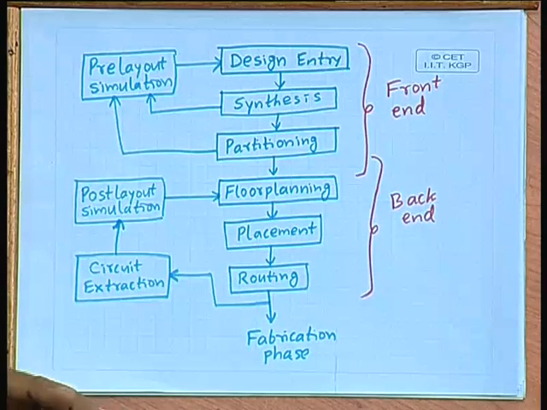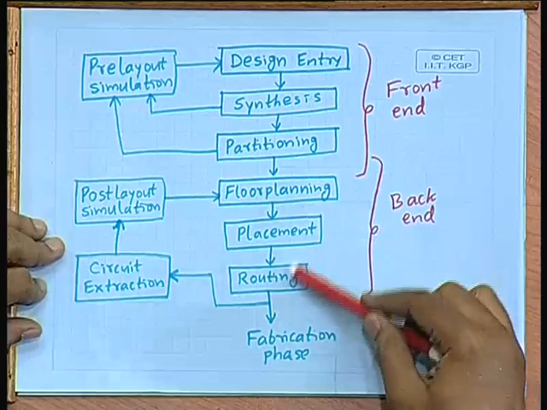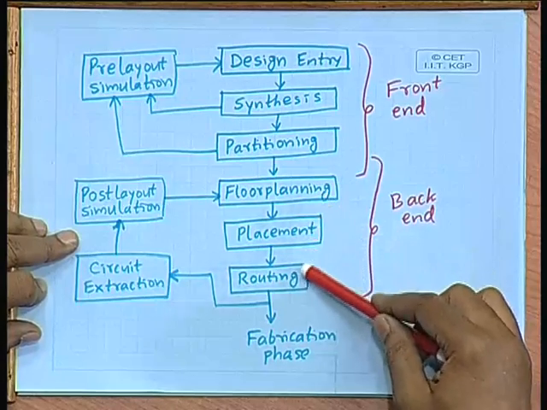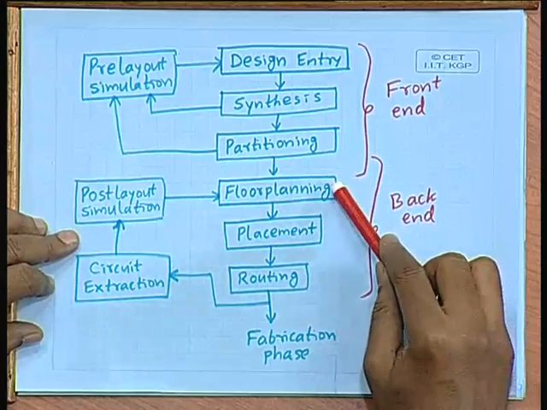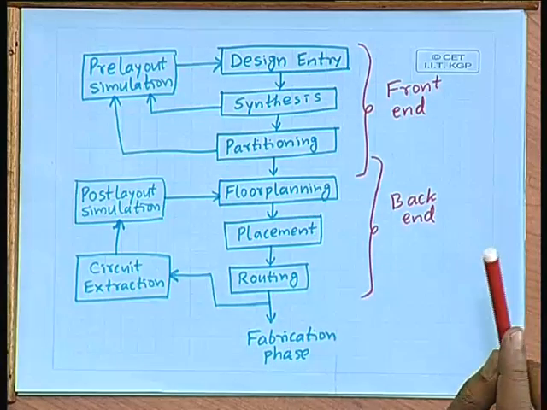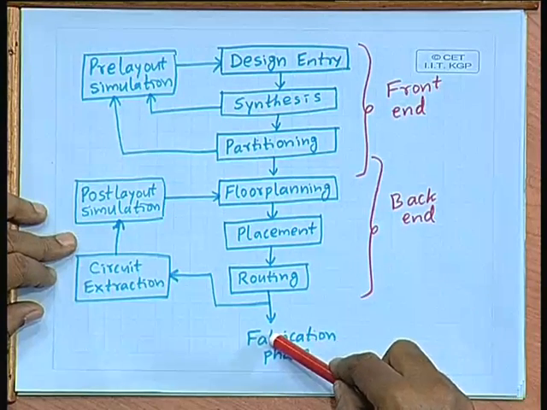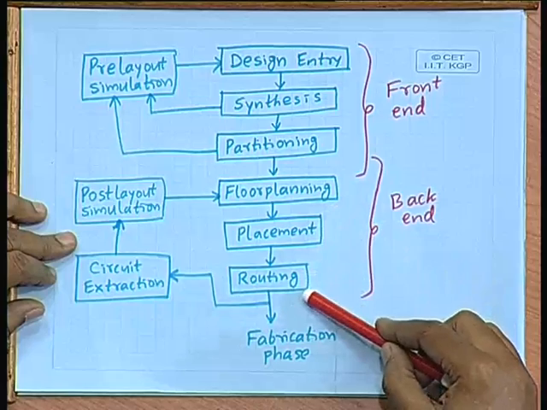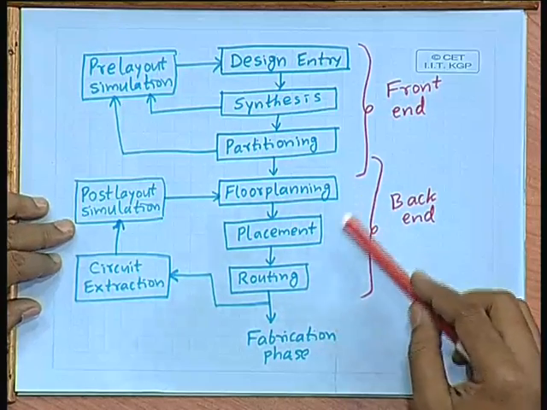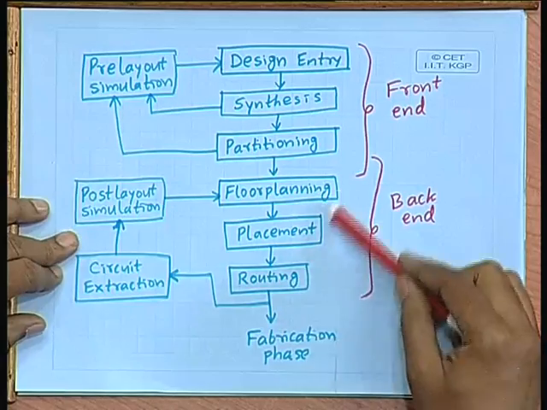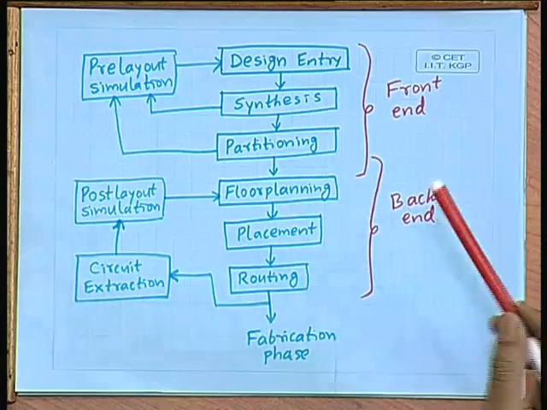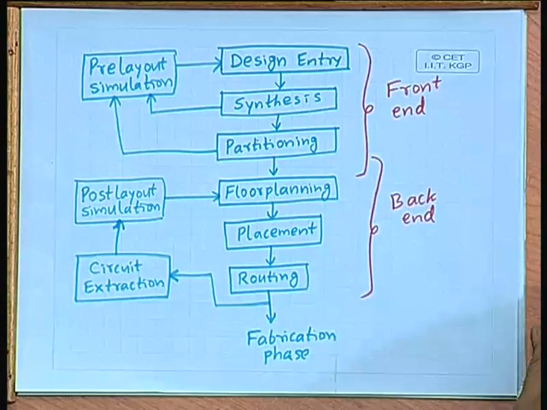Now, in order to understand the back end steps, some of them at least, it is important to have some idea regarding the target you want to fabricate. There are some VLSI design styles that people follow, and depending on the style the algorithm may work differently. So, we first look at the typical VLSI design styles which are used in practice.